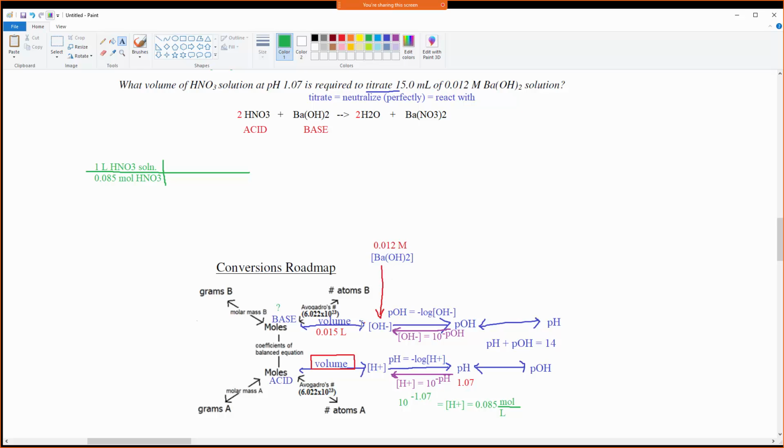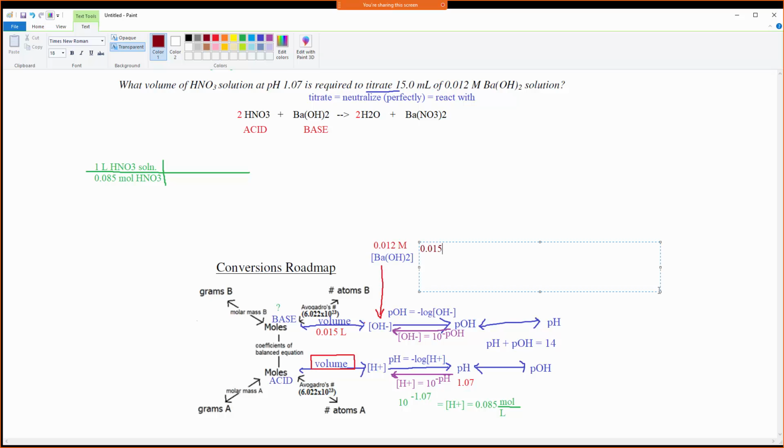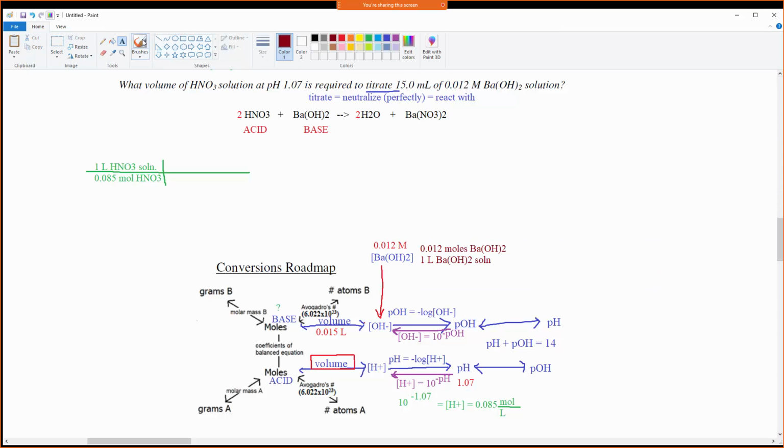Now we're gonna start from this direction, all right? I'm gonna do this in brown. Okay, so we have 0.012 molar, which is moles of barium hydroxide in every 1 liter of that barium hydroxide solution. Okay. Good.